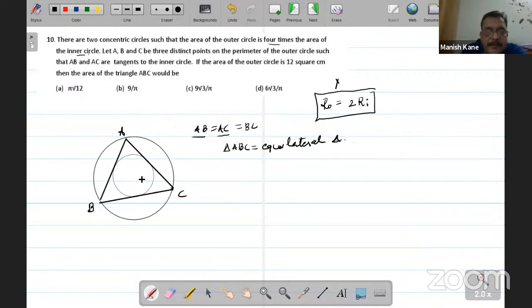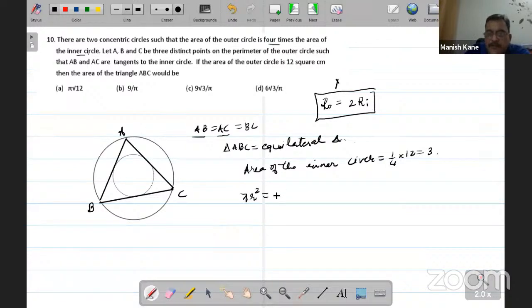And now what does it mean? It means that the inner circle is basically the incircle of that equilateral triangle. And what is the radius? Area of the inner circle must be 1/4 of 12. That is 3. So pi r square must be equal to 3.